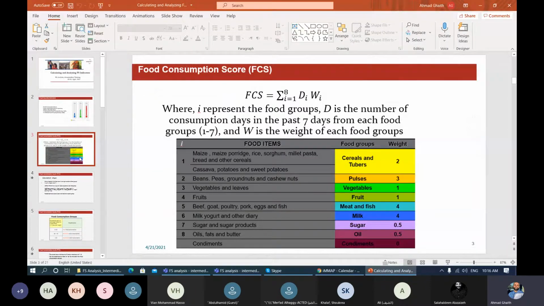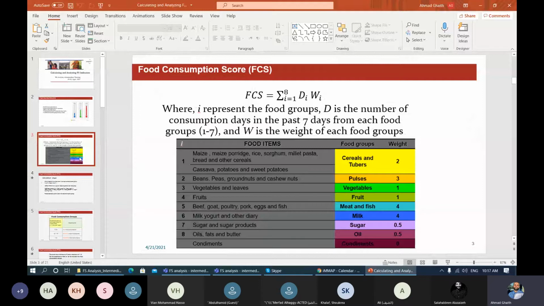And the weight, again, if you want to do more of a dive on any of these concepts, let us know. But basically, these weights are calculated by a hierarchy of how we think about the nutritional value of certain types of food.